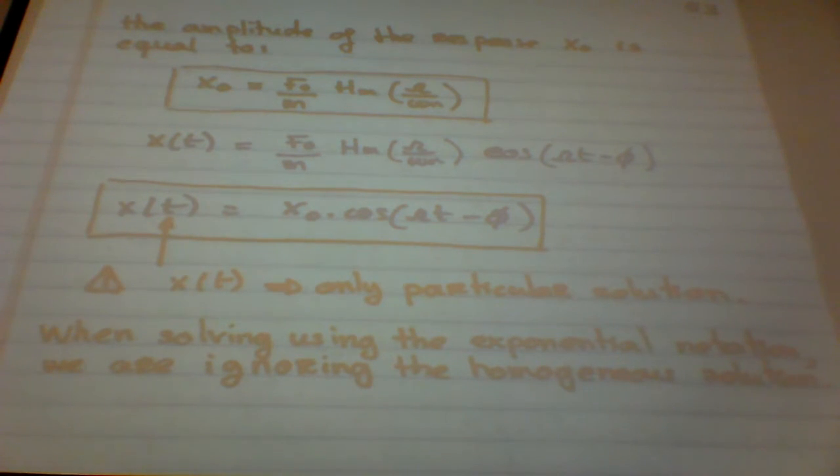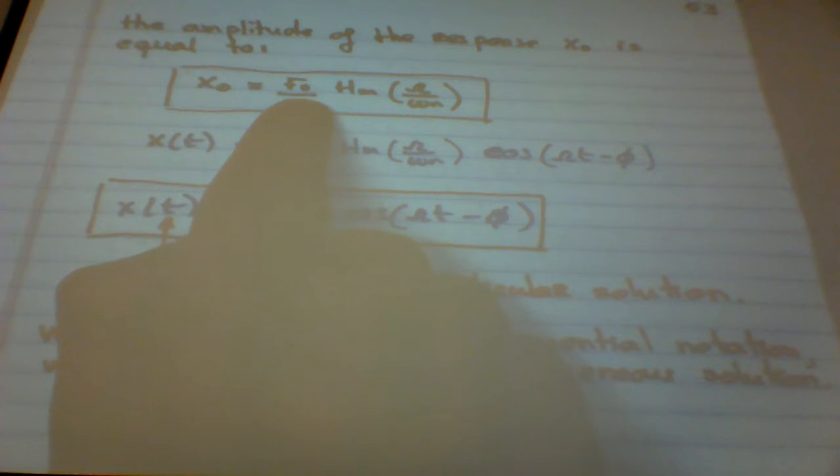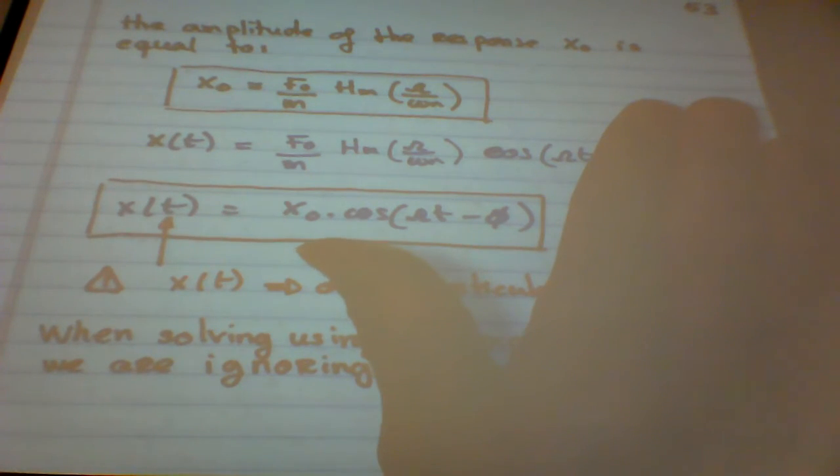Okay? It doesn't mean that you cannot solve the free vibration problem using the exponential notation. But what I'm trying to say is that I'm not 100% correct. What I should say is that here we are really just solving for the part where the right hand side is not equal to 0, no? And for that, we use exponential notation. We could use exponential notation also and have the right hand side equal to 0.